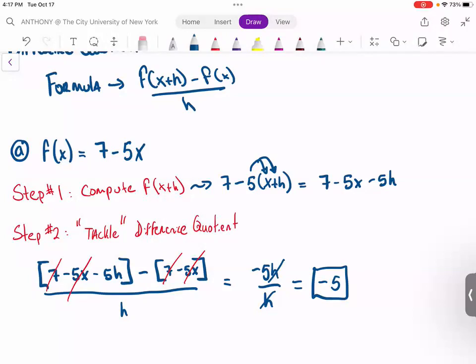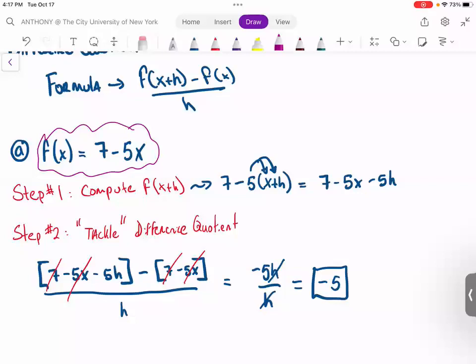If you look at your function f of x, which is 7 minus 5x, what type of function is this? Namely, what would the graph of this function look like? Does anybody know what the graph of 7 minus 5x looks like? Yeah? Well, it won't be a horizontal line. This is actually just a straight line. And one of the important characteristics about a line is finding what?